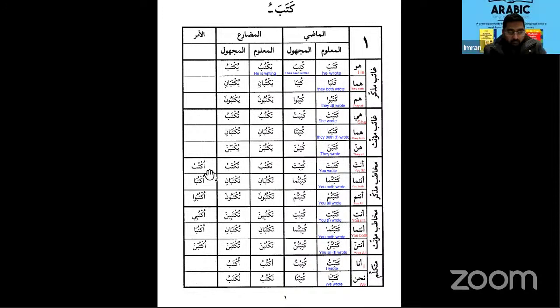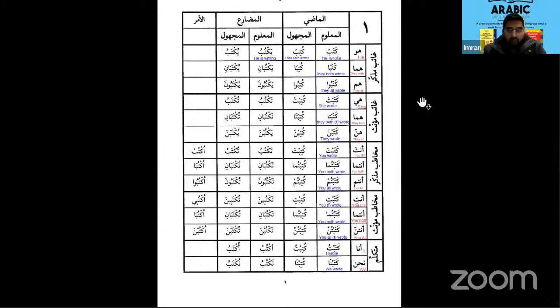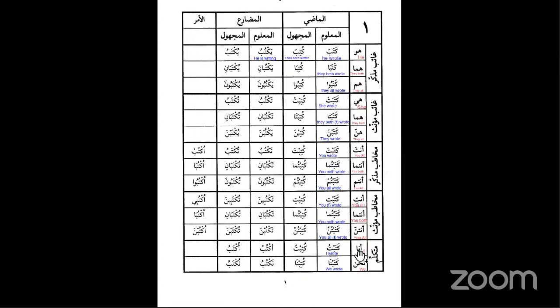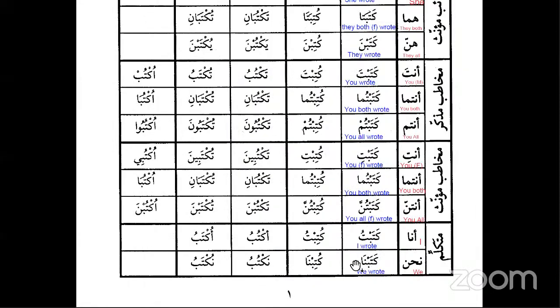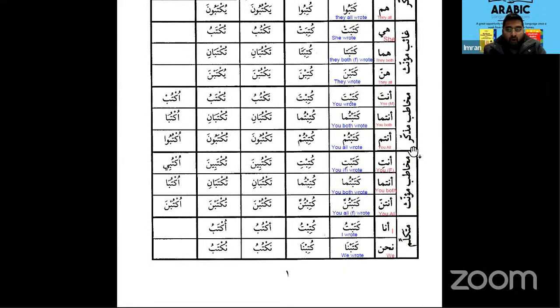Anti, you, feminine. Antuma, you two, feminine. Antunna, you all, feminine. Excellent. Then ana is mutakallim, I, and nahnu is we. So these are the actual 14 forms for the pronouns.